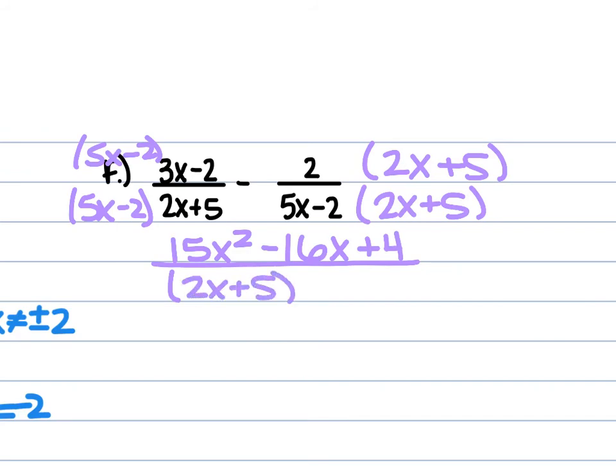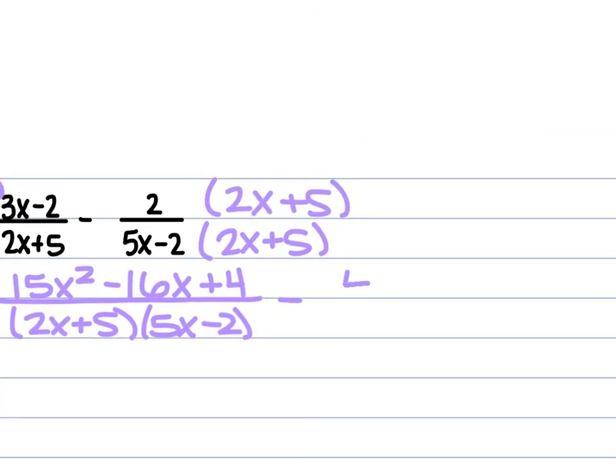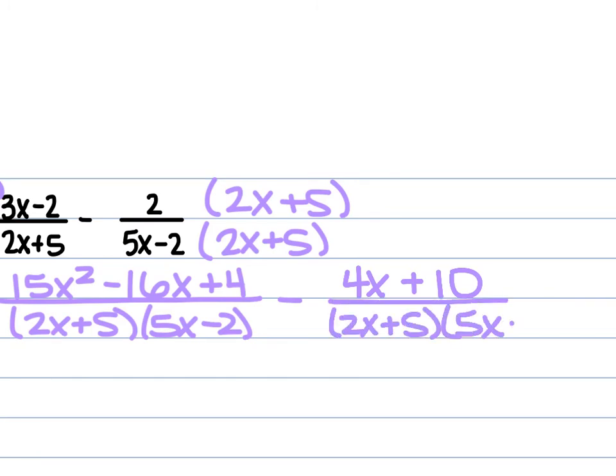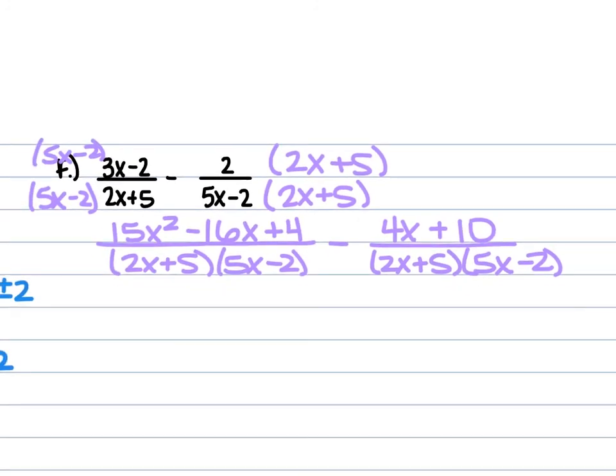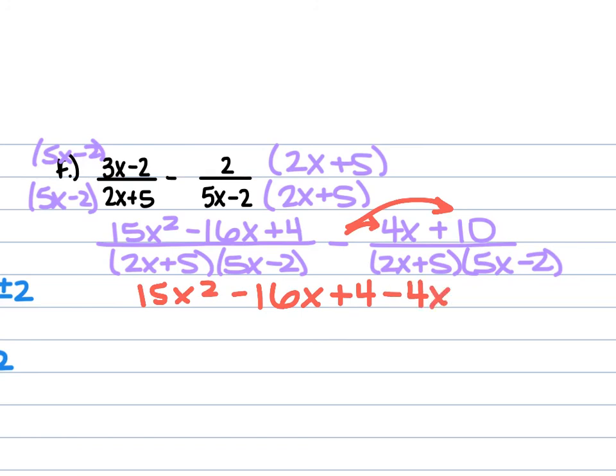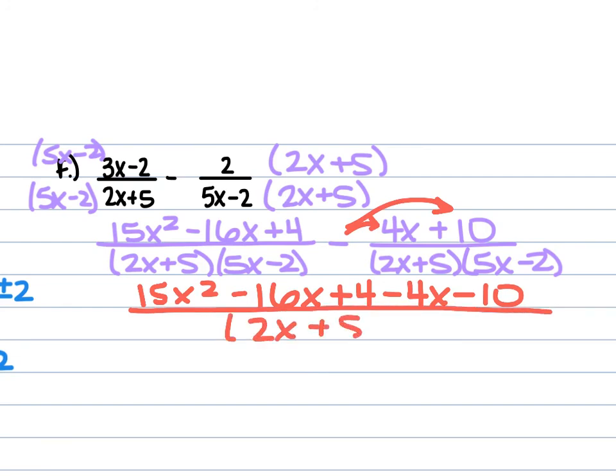2x plus 5 times 5x minus 2 minus 2 times 2x is 4x plus 10 over the 2x plus 5 times 5x minus 2. If you distribute that negative now, you are going to have 15x squared minus 16x plus 4 minus 4x minus 10 all over 2x plus 5 times 5x minus 2.